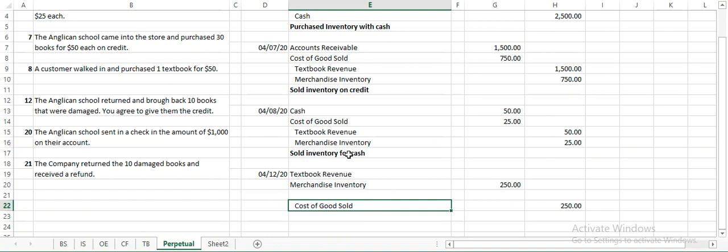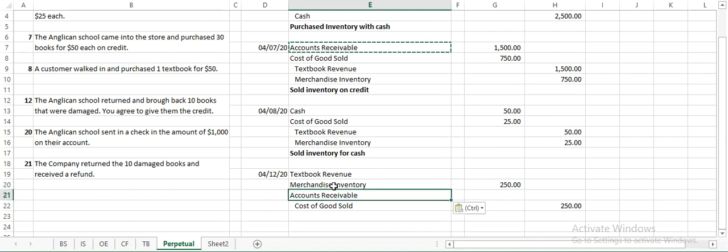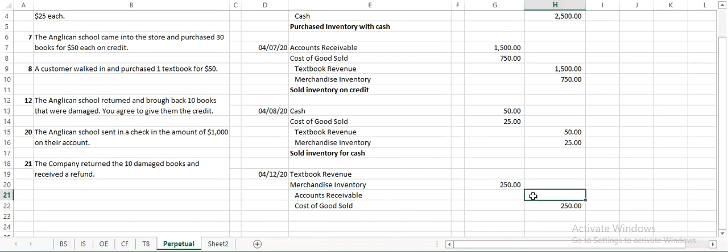The other account that's going to be affected, just as cost of goods sold was, is accounts receivable. Accounts receivable is now going to be reversed as well. It's going to be credited because they returned 10 of the books, and so we actually don't expect to get $500 from them because of that. 500 being $50 times 10 books.